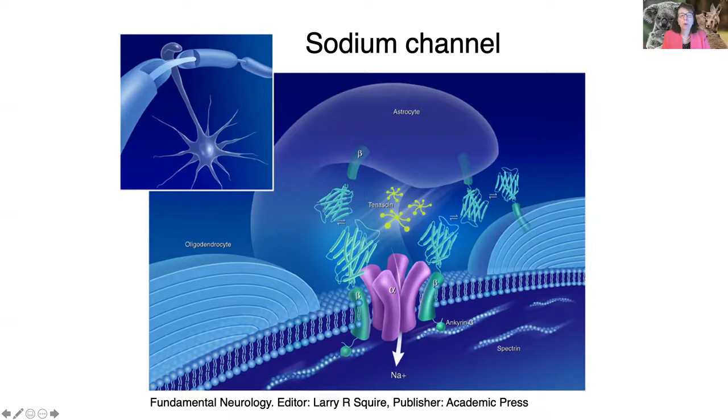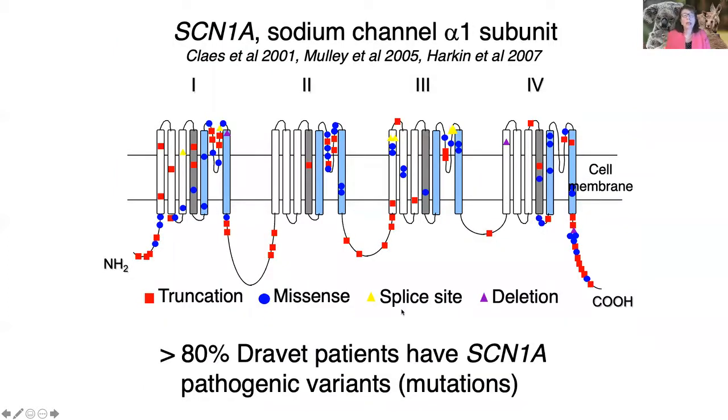Now, these 4 transmembrane domains of the alpha-1 subunit, or SCN1A as the gene name, are shown here in a 2-dimensional cartoon. And you can see that really the mutations are displayed throughout the gene, and about 40% are truncation, shown in red here, and 40% are missense.